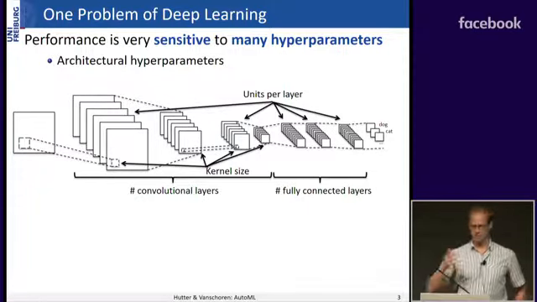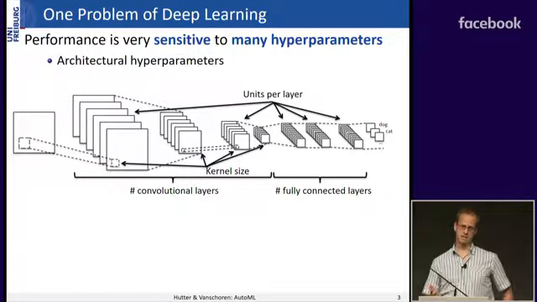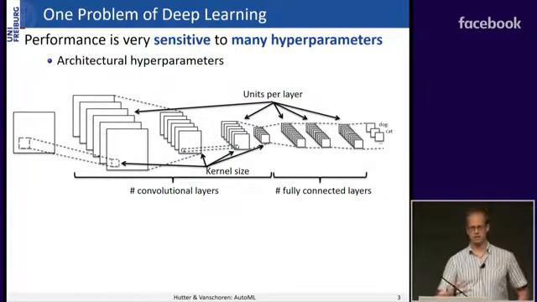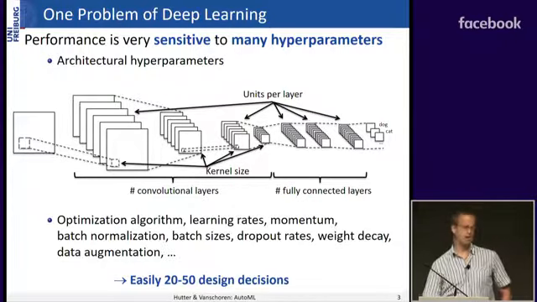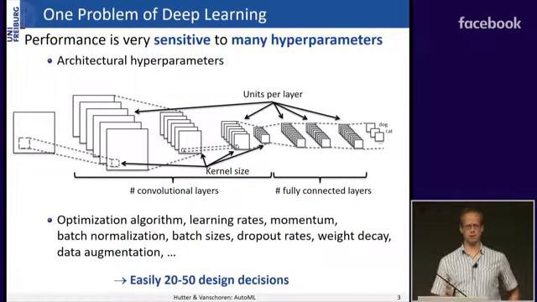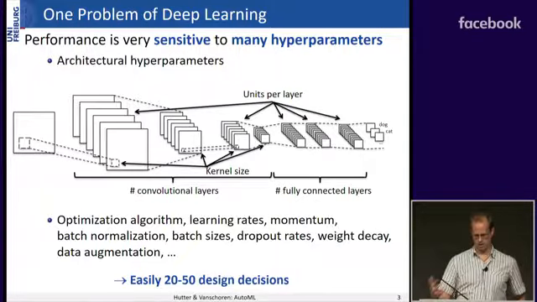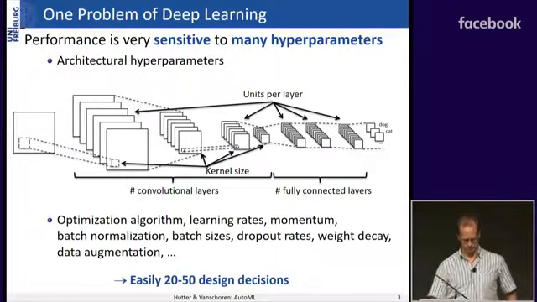If you want to apply deep learning to a new problem domain, it's a problem that deep learning is very sensitive to a lot of different hyperparameters, such as architectural choices and choices in the optimization pipeline and the way you regularize your network in order to generalize to new unseen data. You easily get between 20 to 50 design decisions that you need to make in order to start to train your network.